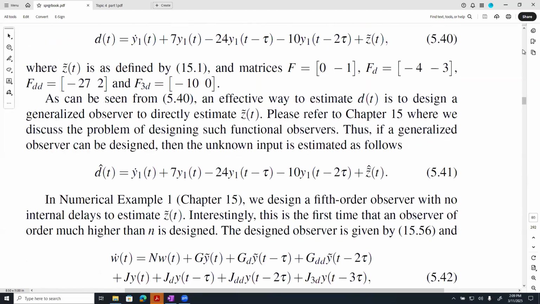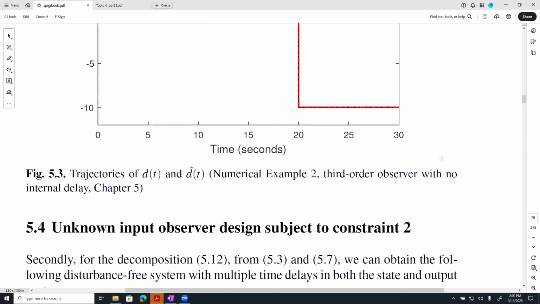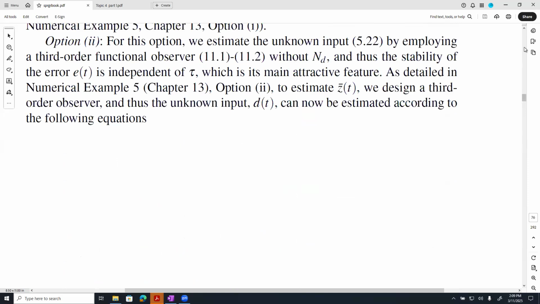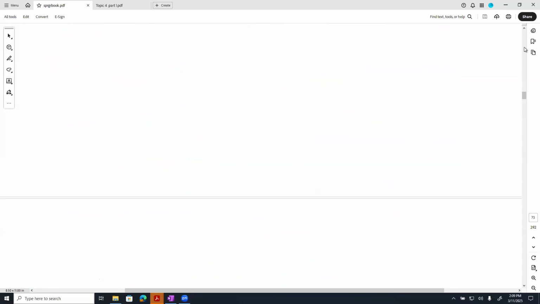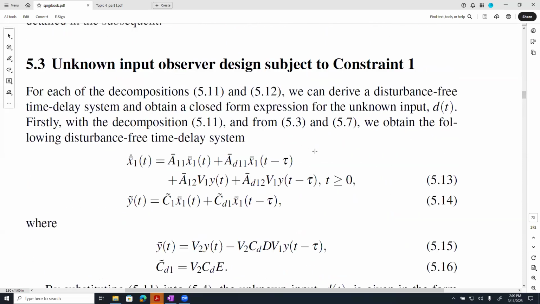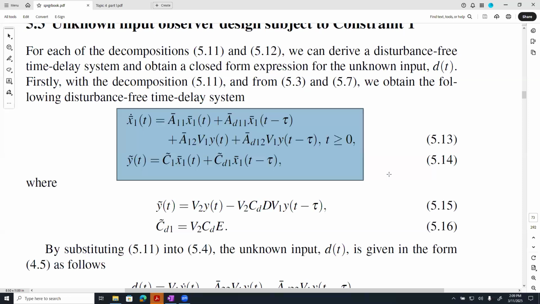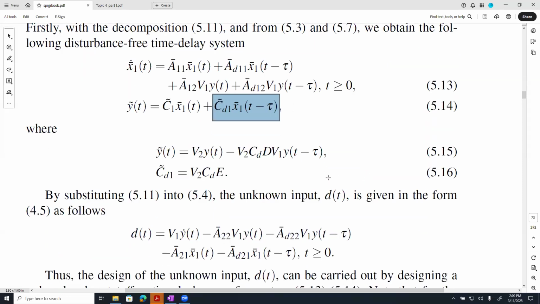we're going to see that when we do the decomposition, for instance, for the simple situation constraint, we come across a decomposition where we get a reduced order system. We get a reduced order time delay system, but that reduced order time delay system also has a delay term in it as well.